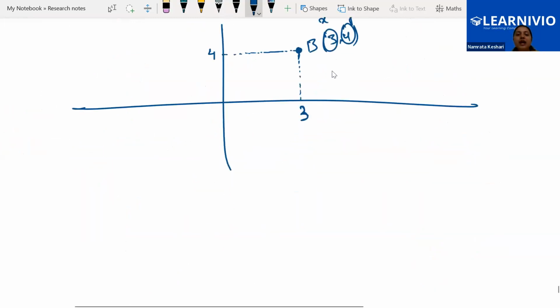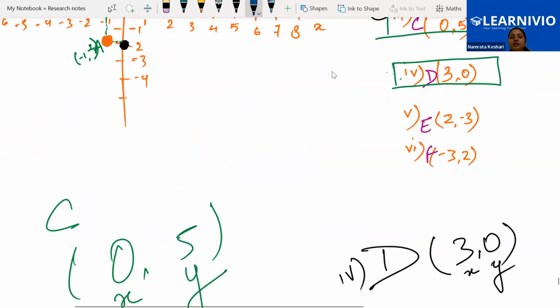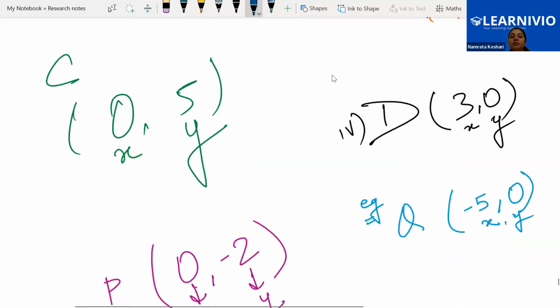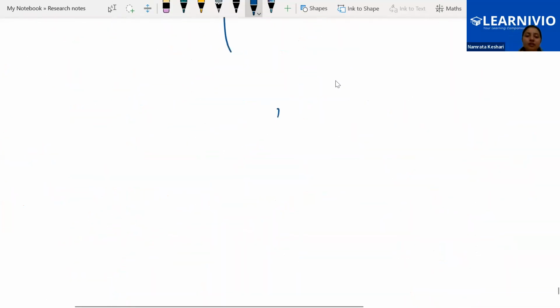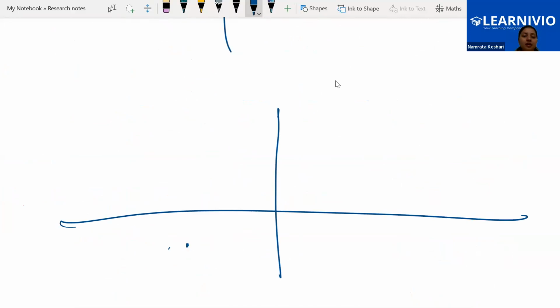If we have the first point, that is A -1, -2, then from this point, if you drop a perpendicular on the x-axis, a straight line, a 90-degree angle, on the x-axis. What is x-axis? This is x-axis. What is y-axis? This is y-axis.